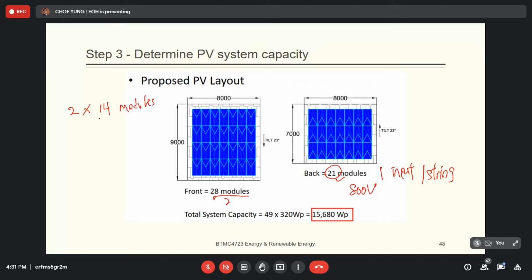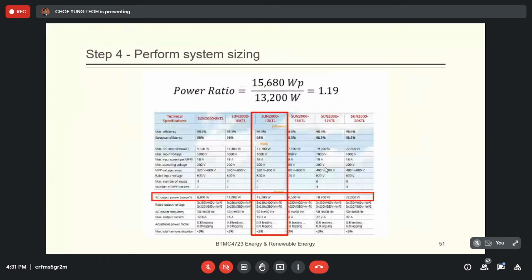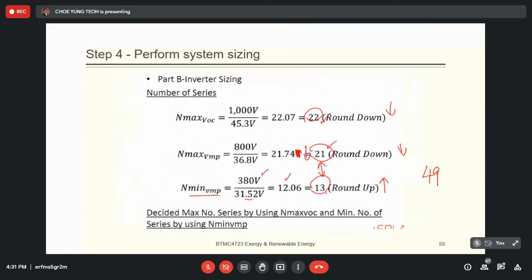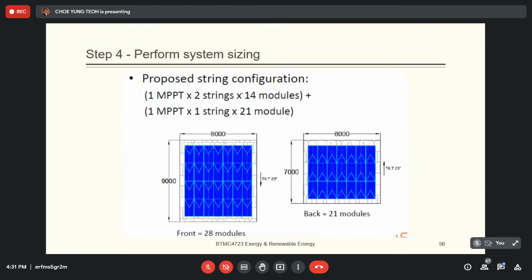Is 14 modules okay? You can see that the minimum is 13, so now I use 14. So in total I have 3 strings: 2 strings with 14 modules and 1 string with 21 modules. So in total I have 49 modules.